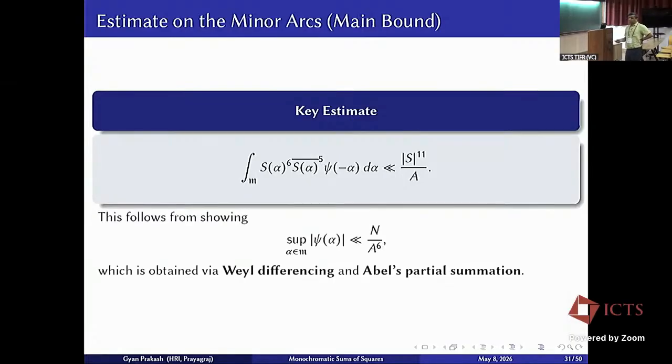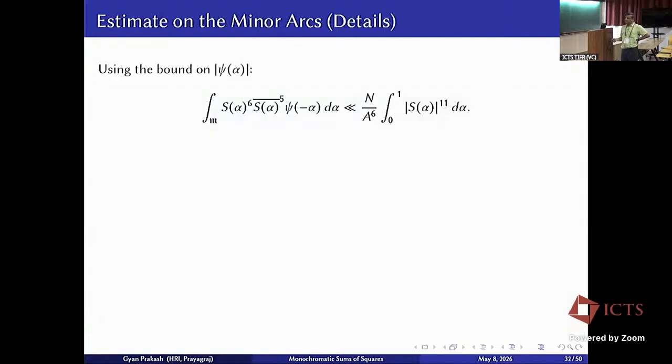I will not go into the details, but this follows because this is essentially a complete set of squares. This follows by differencing and Abel's partial summation. If you do that, then this supremum is less than n by a to the power 6. You can prove it using the standard method. So using this bound, we get this n by a to the power 6.